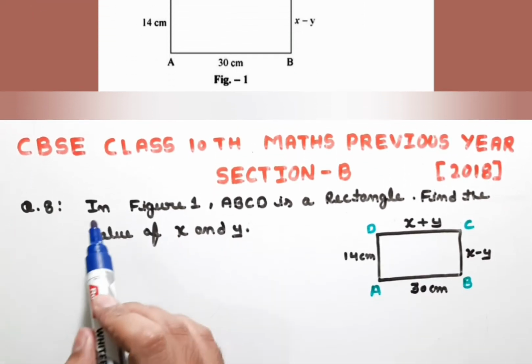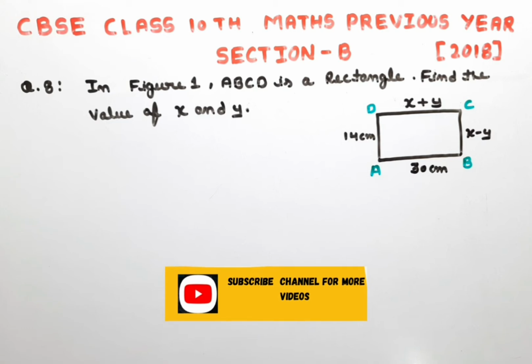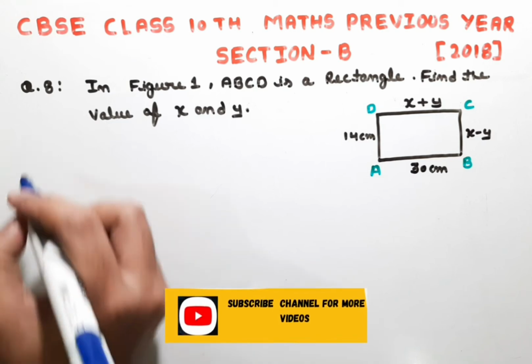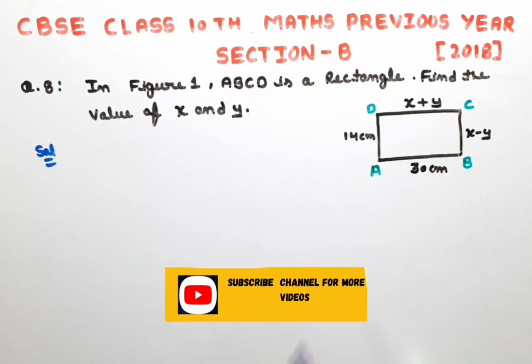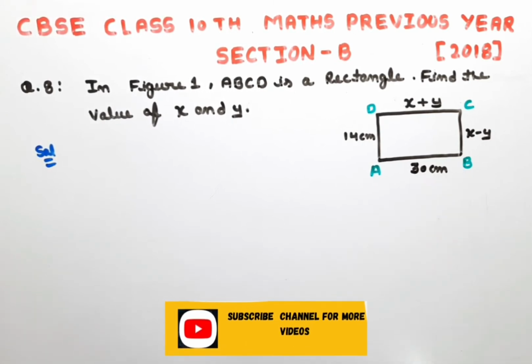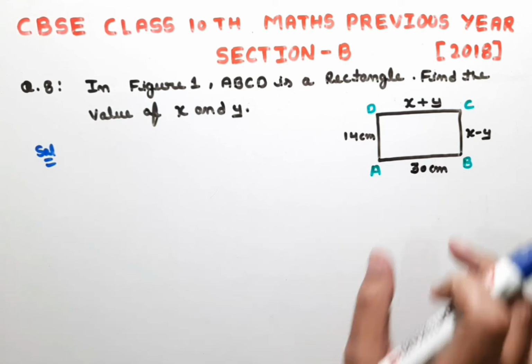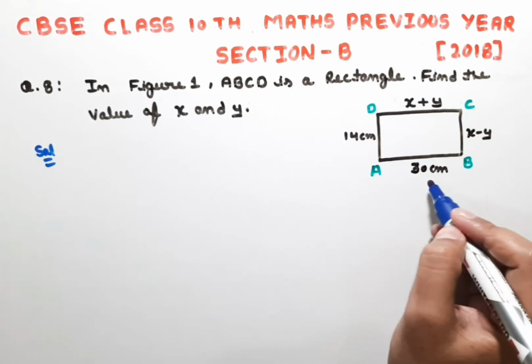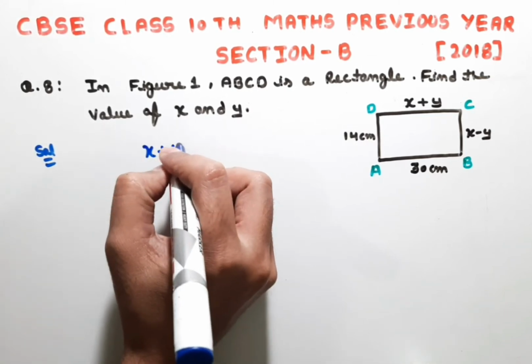Question number 8. In the figure, ABCD is a rectangle. Find the value of x and y. In this problem, we are given a rectangle ABCD whose length is 30 cm, and we know that in a rectangle opposite sides are equal, so length 30 cm will be equal to x plus y.